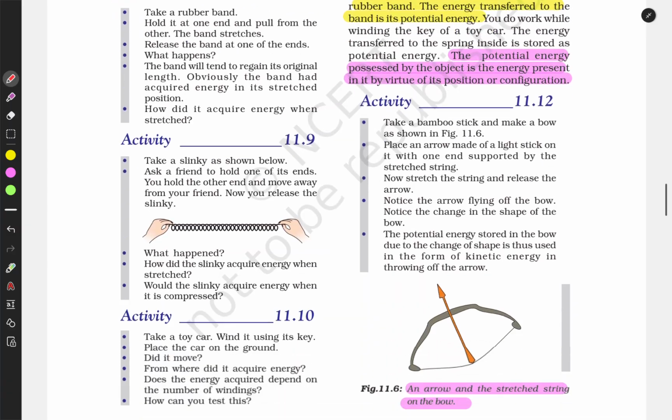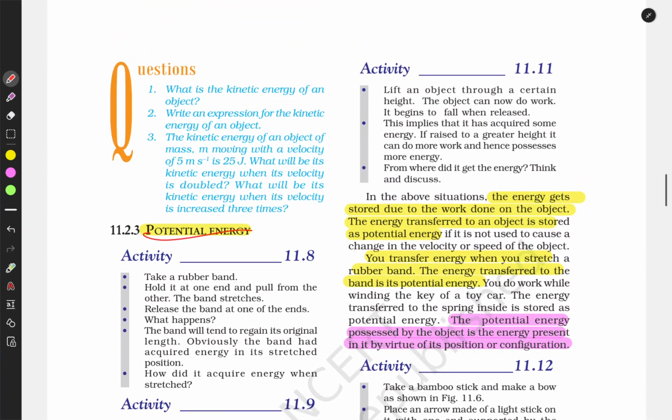Now let's discuss potential energy. Potential energy and kinetic energy are almost interchangeable.